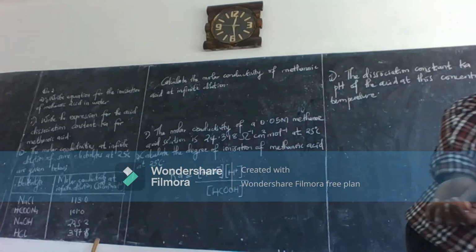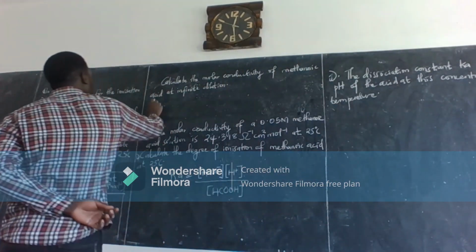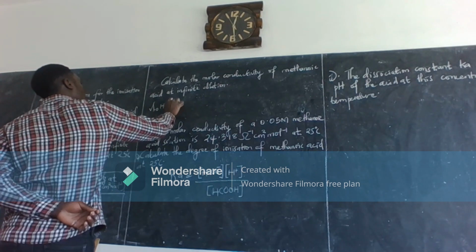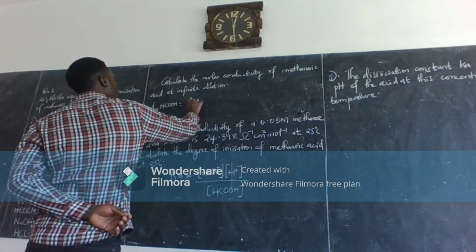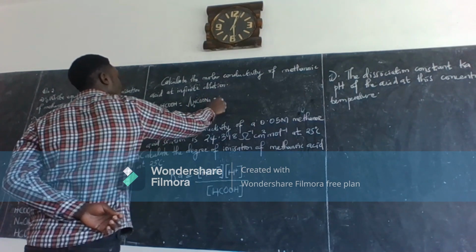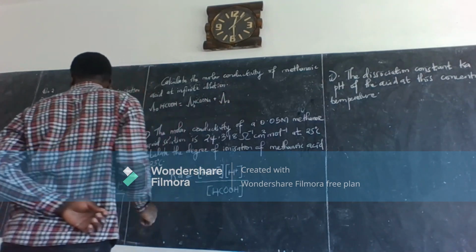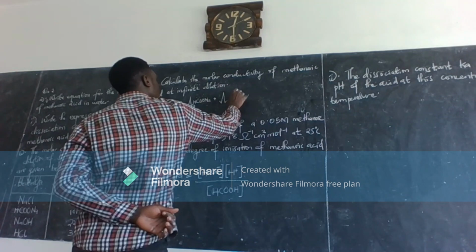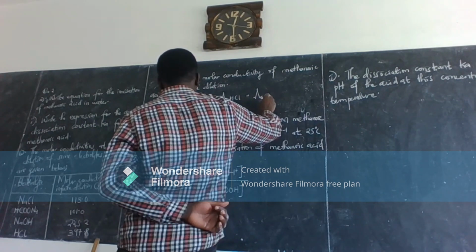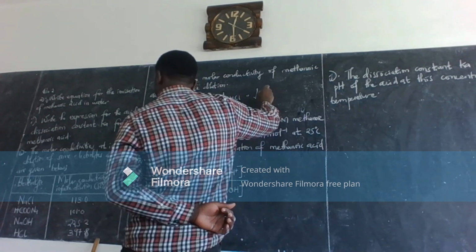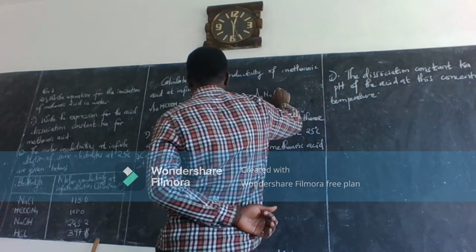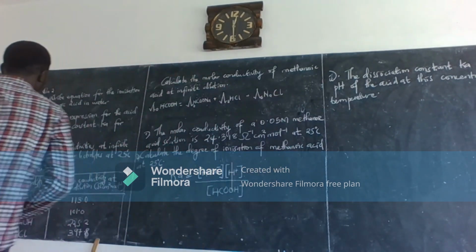of independent migration of ions, and we shall say the molar conductivity of methanoic acid at infinite dilution will be equal to the molar conductivity of sodium methanoate plus the molar conductivity at infinite dilution of hydrochloric acid, then minus the molar conductivity at infinite dilution of sodium chloride.